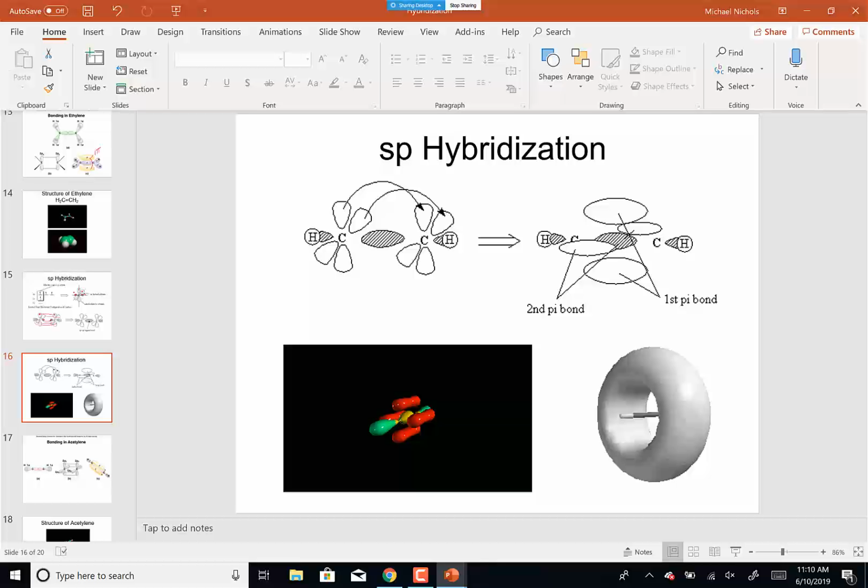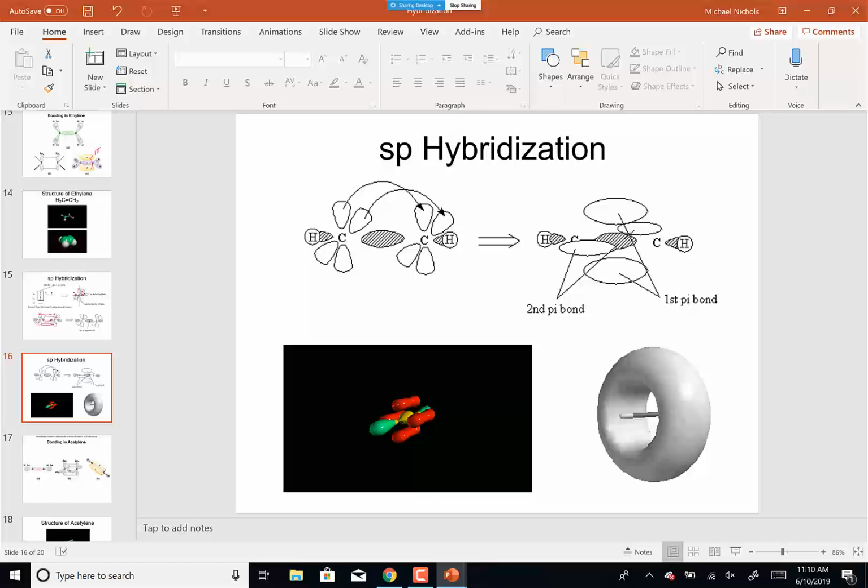And so what this is going to mean for this class is we're going to do a lot of reactions of carbon-carbon double bonds. And then when we get to the triple bonds, I'm going to say, well, you know all the double bond reactions. Triple bonds just means you got 2. You can do 2 reactions for most everything.